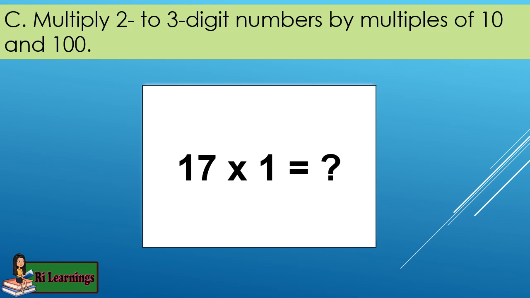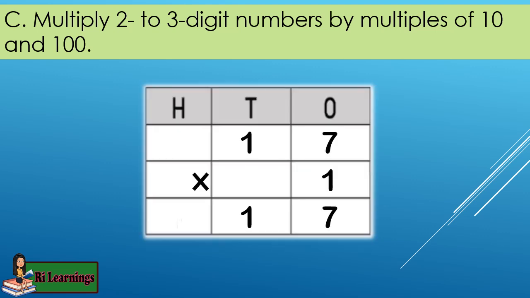Multiply 2 to 3-digit numbers with multiples of 10 and 100. The process of multiplying 2 to 3-digit numbers with multiples of 10 and 100 can easily be learned if you already mastered your knowledge in multiplying 2 to 3-digit numbers by one-digit number. In multiplying numbers with multiples of 10 and 100, follow these simple steps.